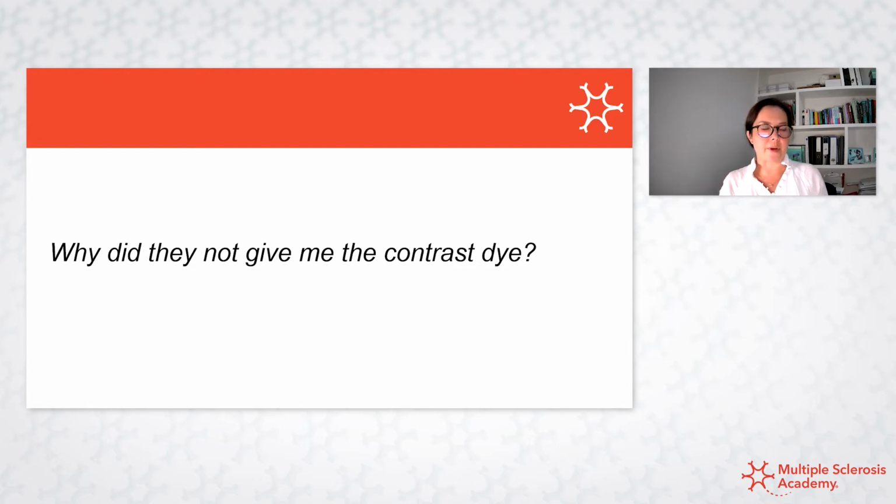So the European Medicines Agency and the FDA have banned the use of linear gadolinium, which crosses the blood-brain barrier and deposits in the brain more. And so now we use safer macrocyclic gadolinium.